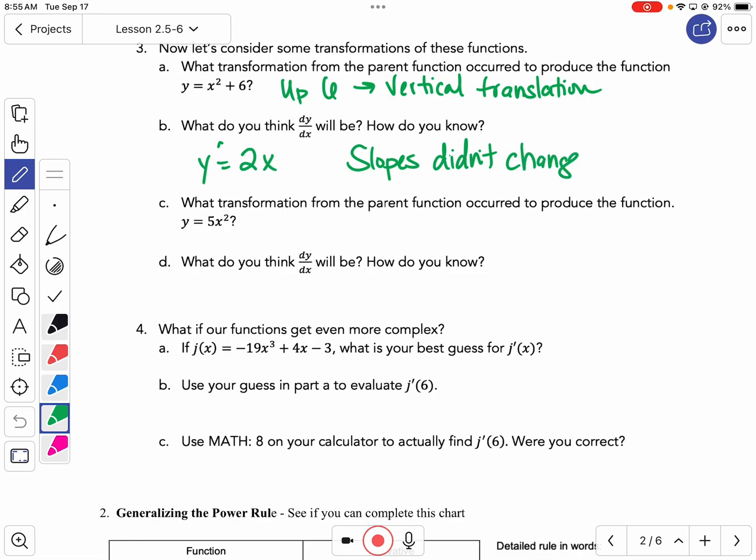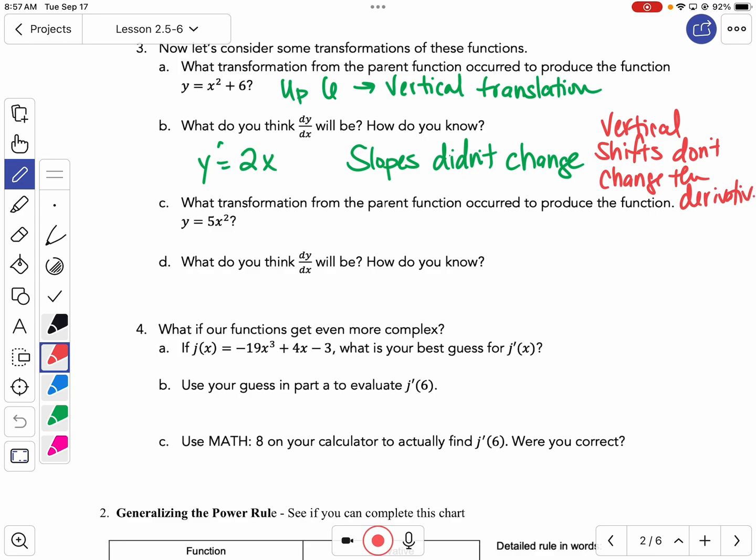So one of the things that we can say is that vertical shifts don't change the derivative. If I scoot something up or down by a constant, it's not going to change anything.